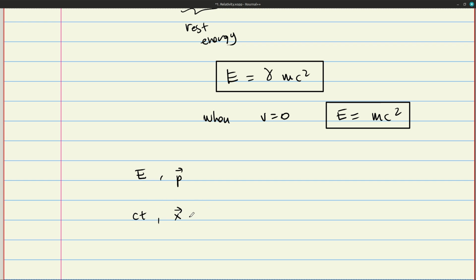But we can combine these two things to see t squared minus x squared, and this doesn't change. This is the same in all frames. And we are going to do exactly the same thing. We are going to combine something changing, energy, with another thing that's changing, momentum, and if you combine them like this, what we call four-momentum will not change. Okay? And energy can change, that's perfectly fine, from frame to frame. All right? Thank you.